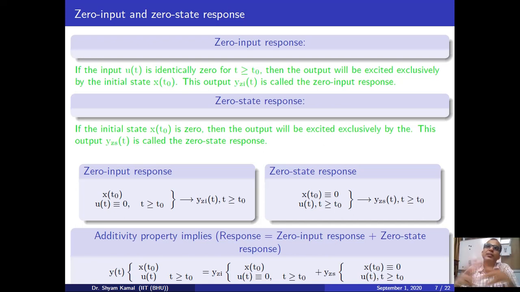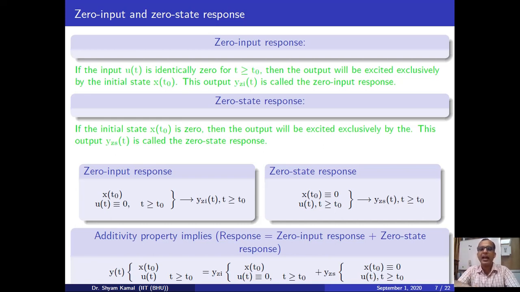Suppose you have an RC circuit, and initially I have some charge on the capacitor, and I want to know the response to some input. Initially I will not apply any input, and I will note the output. The second time, first I will discharge the capacitor, then apply some input and note the output.